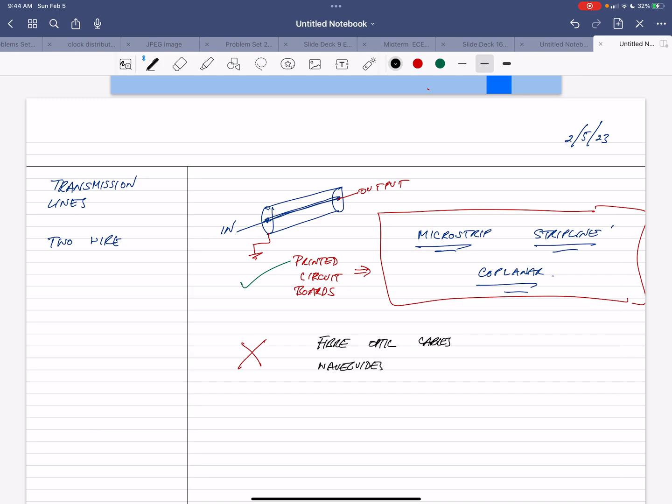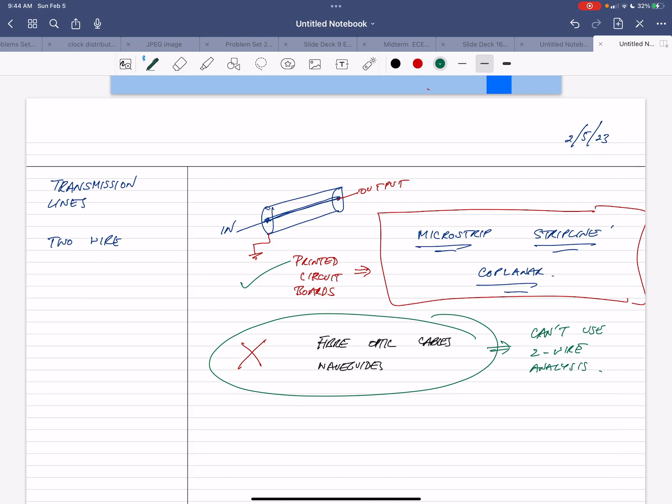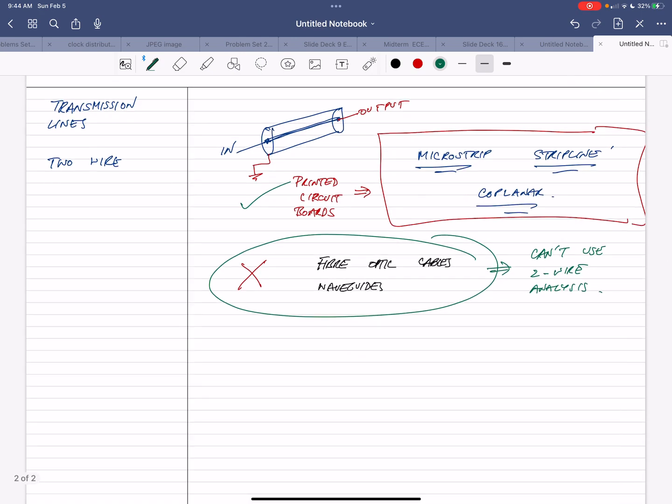These are still transmitting electromagnetic waves, but we can't use the particular methodology that I'm going to show you, the two-wire analysis, to analyze these. We need to do a much more complicated analysis, and actually use Maxwell's equations to analyze these things.